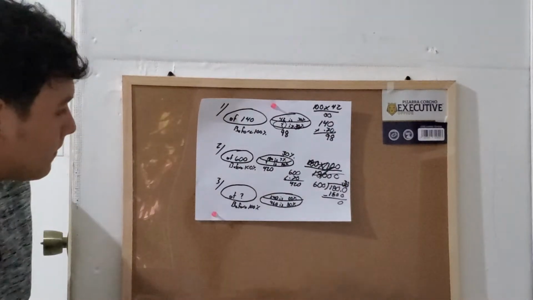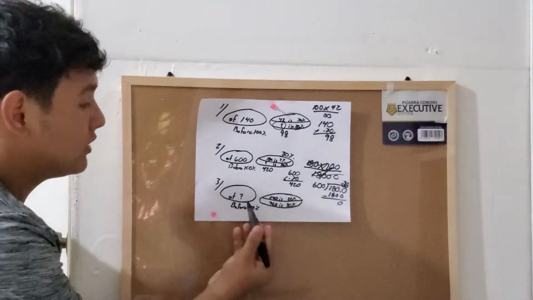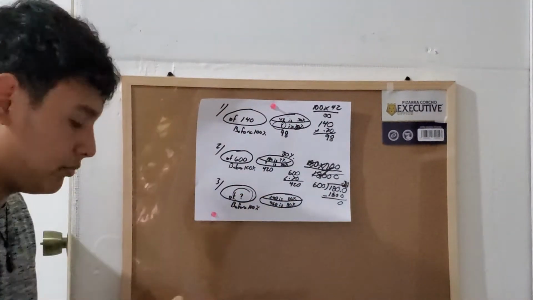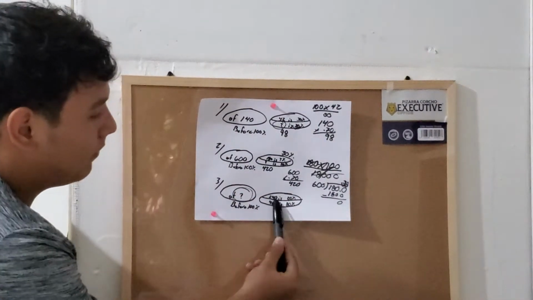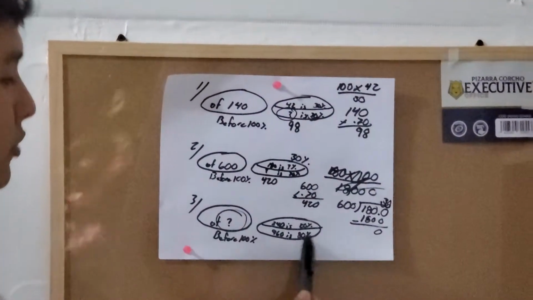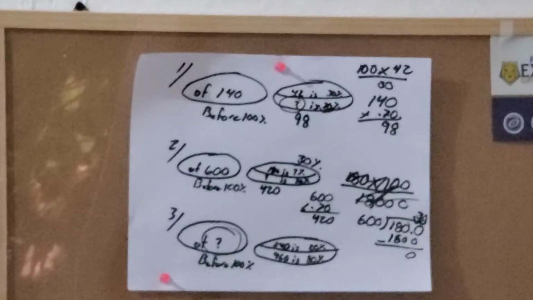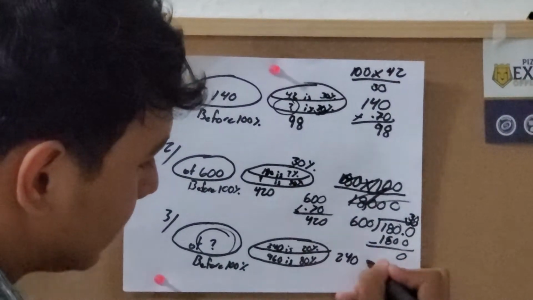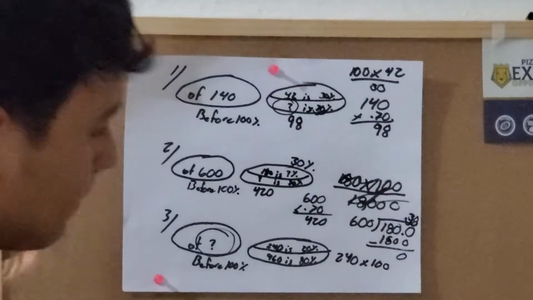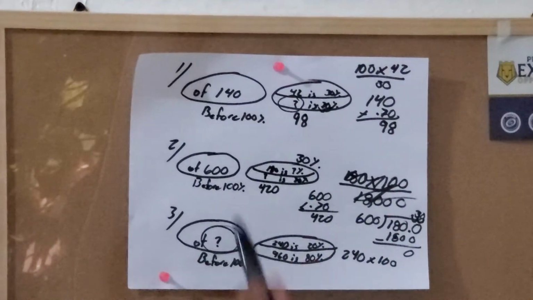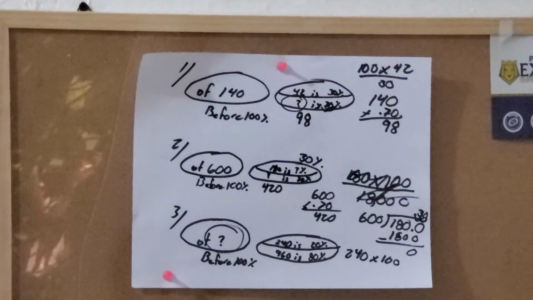The next one. Oh, we're missing the whole number. So we have to find the whole number. We have the value and the percent, and in the next one we also have the value and the percent. So we have to multiply 240 times 100. If you do not know what the problem is, you can find this in your notebook.